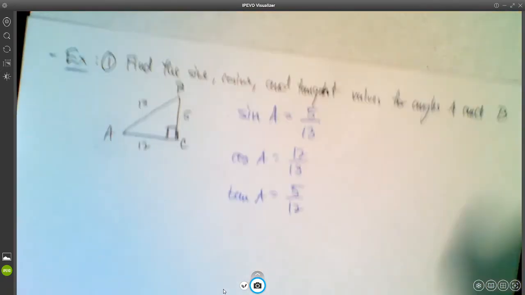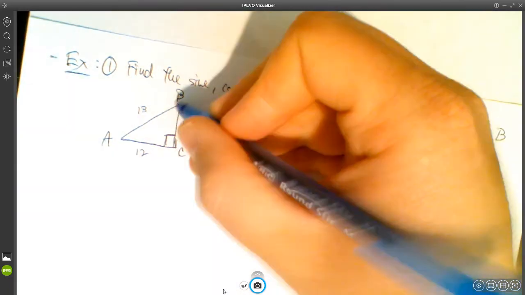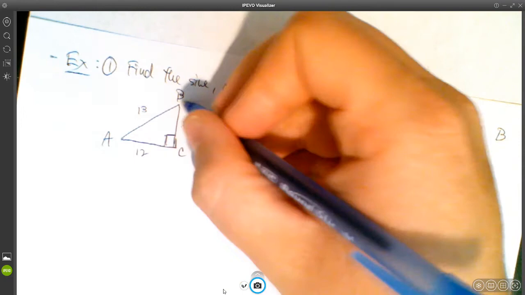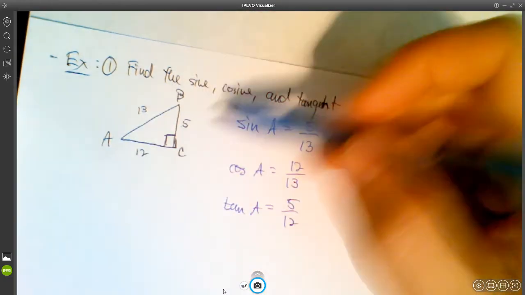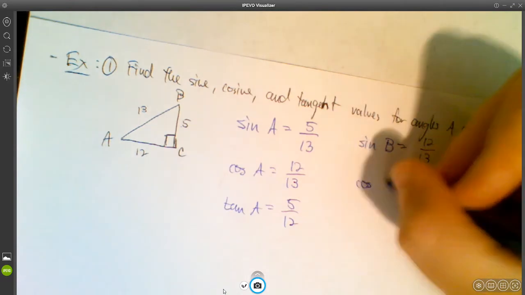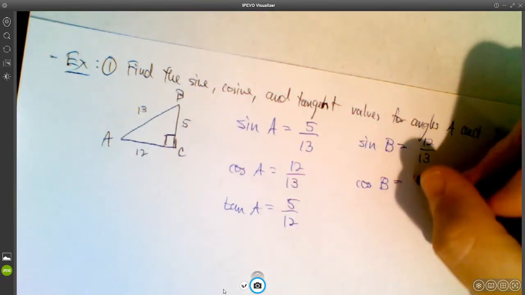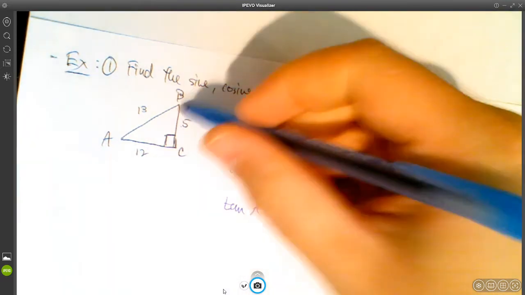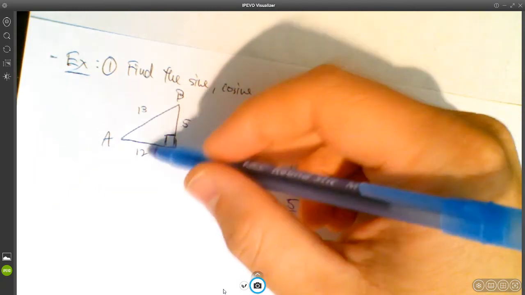Now we can do the same thing for angle B. Sine B is opposite over hypotenuse. That's 12 over 13. Cosine B is adjacent over hypotenuse. That's 5 over 13. And tangent B is opposite over adjacent. So that's 12 over 5.